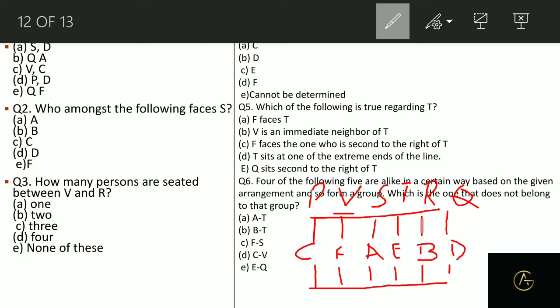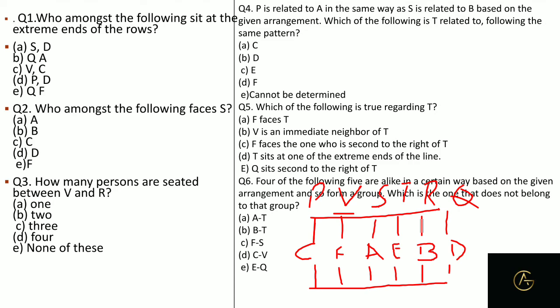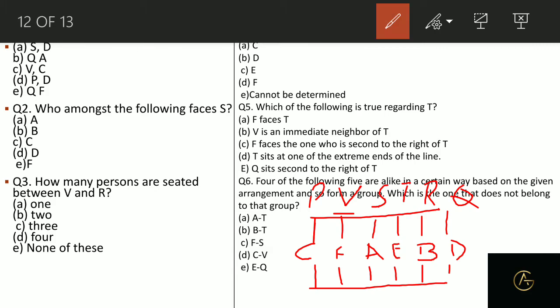What is the first question? Who amongst the following sit at the extreme end of rows? S and D, no. Q and A, no. V and C, no. P and D, right. So the answer will be P and D. Next question, who among the following faces S? That's A, the first one.